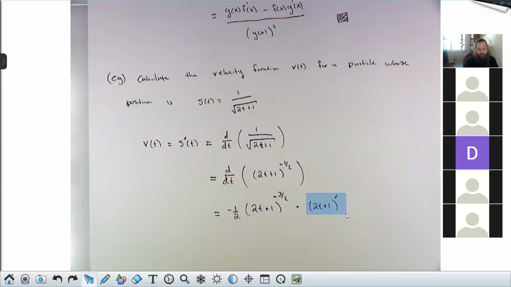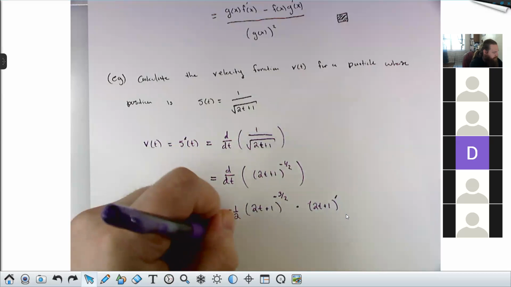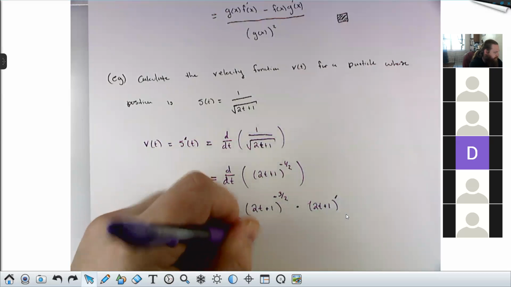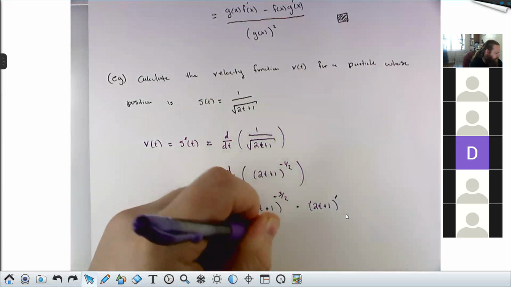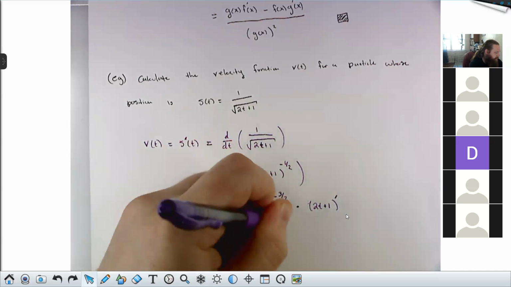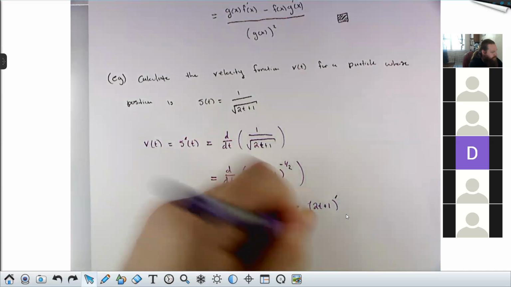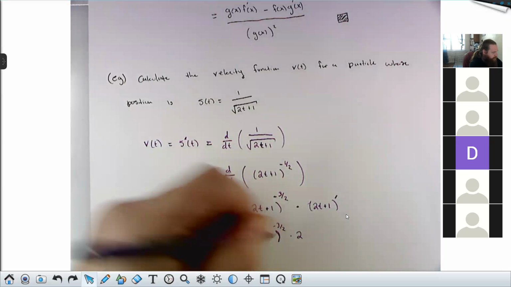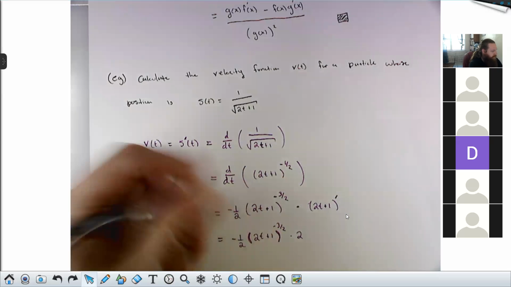And now the only thing that remains to be done here is differentiating 2t plus 1. Its derivative is just 2. So this is -1/2 times 2t plus 1 to the -3/2 times 2. And this can be cleaned up a bit. So Sarah's question earlier, when do we stop?